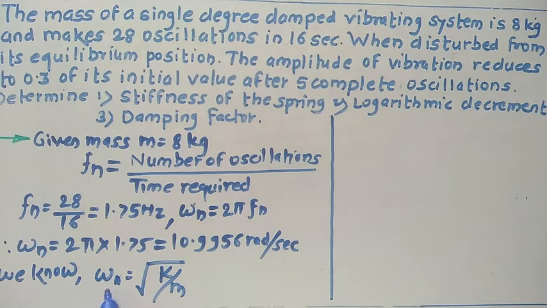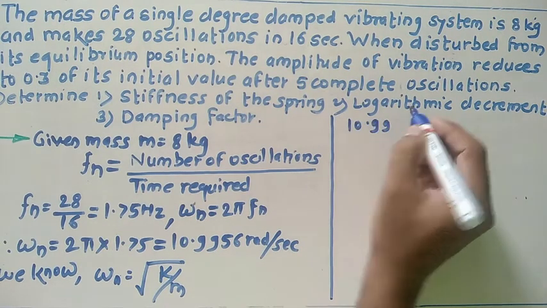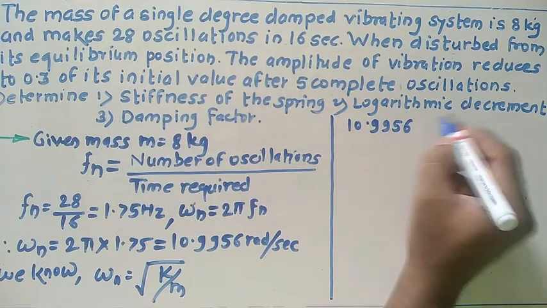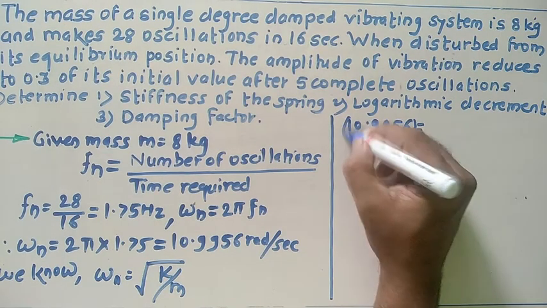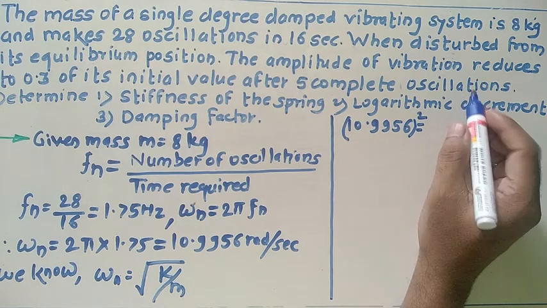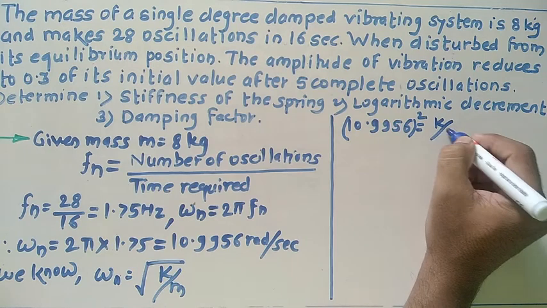Omega n calculation is already done, so substitute the value for omega n here: 10.9956 equals square root of k by m. If I remove the square root sign, then you have to square both the sides.